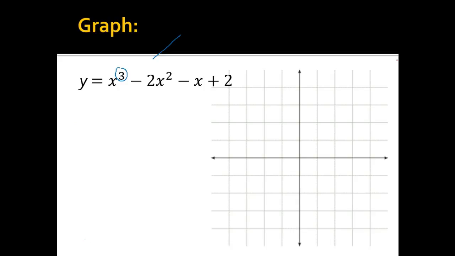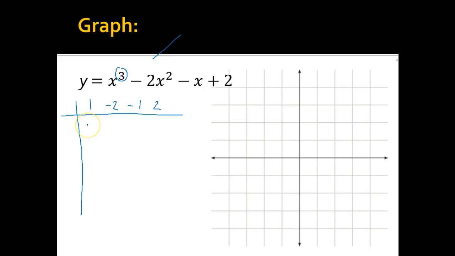The best way to do this is synthetic division. We're going to use synthetic division to plot a bunch of points, and then sketch the line that connects the points, and hopefully get a good sense of what this looks like. So we'll do synthetic division with 1 for x cubed, -2 for x squared, -1 for x to the first power, and 2 for x to the 0 power.